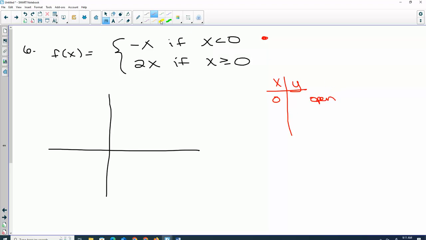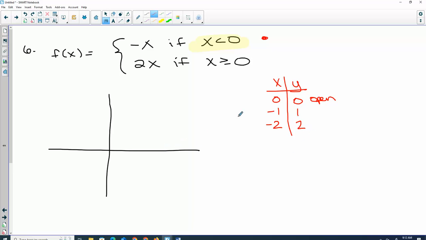Now, this is where people are making mistakes right now. X has to be less than 0 for this part. So the other x's I choose have to be smaller than 0. Okay, so the opposite of 0 is 0. Opposite of negative 1 is 1. Opposite of negative 2 is 2.